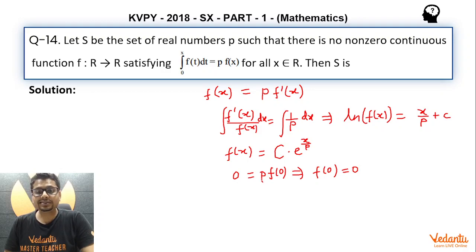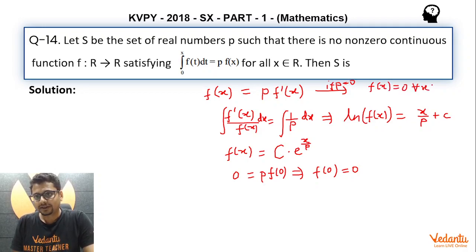So when p is 0, then you have f of x equal to 0 for every x. And we will not allow that. Why? Because what we are looking for is a non-zero function f. That means f should not be identically 0. So we are anyway not interested in p equal to 0. p equal to 0 is rejected.